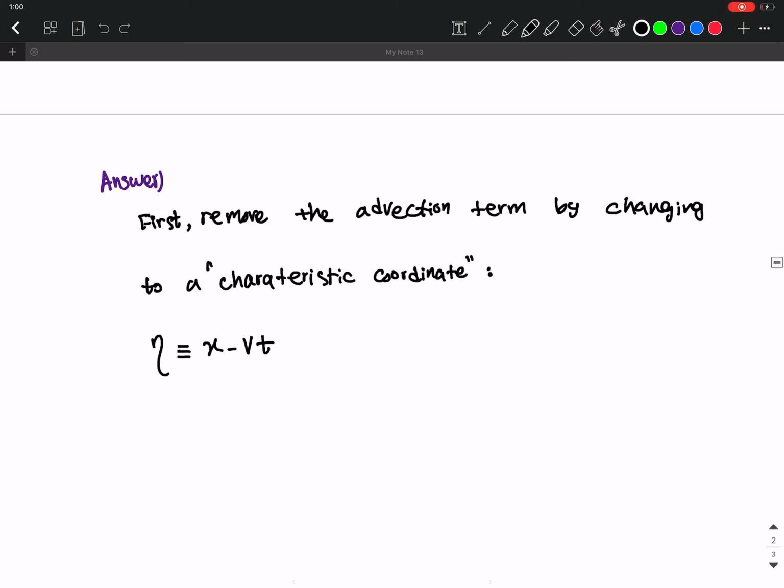So if you change that equation with this new variable, we are going to get partial c over partial t minus, so the advection term is removed, we are going to write Dx partial square c over partial eta square minus Dy partial square c over partial y square minus Dz partial square c over partial z square.